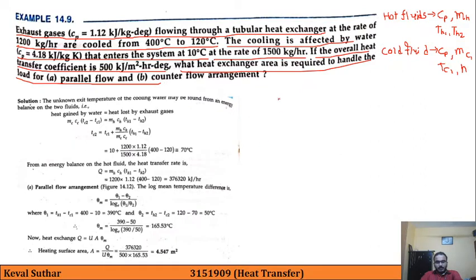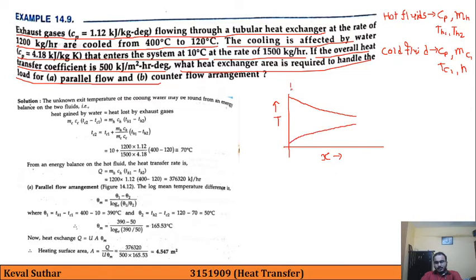For parallel flow, we can also draw the arrangement over here. Let's say that here we have temperature T, and here the distance X. A hot fluid will see a decrease in temperature like this, and a cold fluid will see an increase in temperature like this.